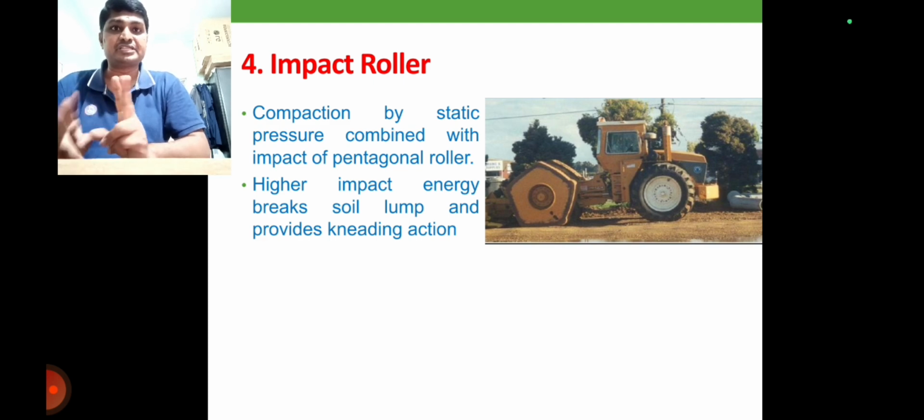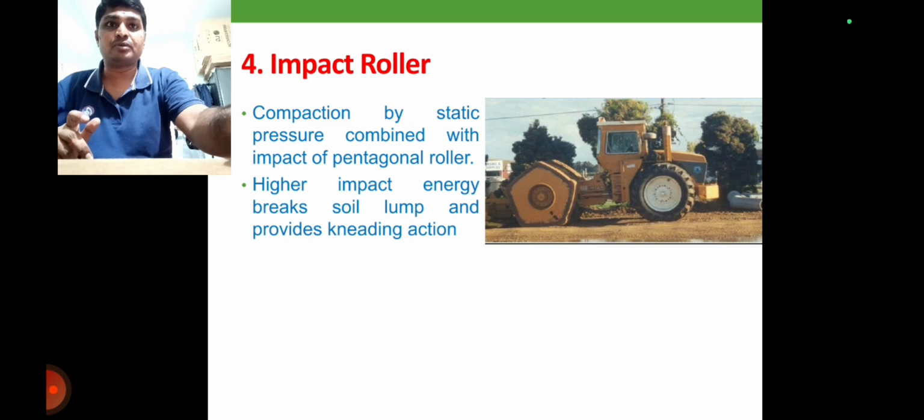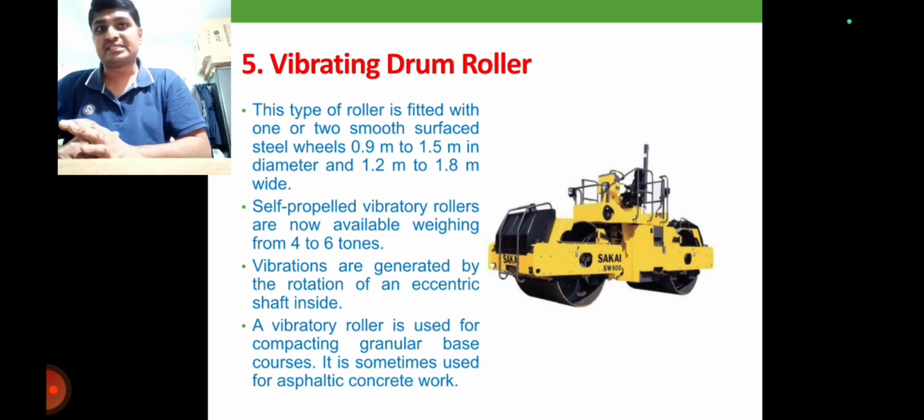So two things happen here: breaking of lumps and providing kneading action by impacting. The impact roller is most suitable wherever there are many lumps on the surface of the soil.